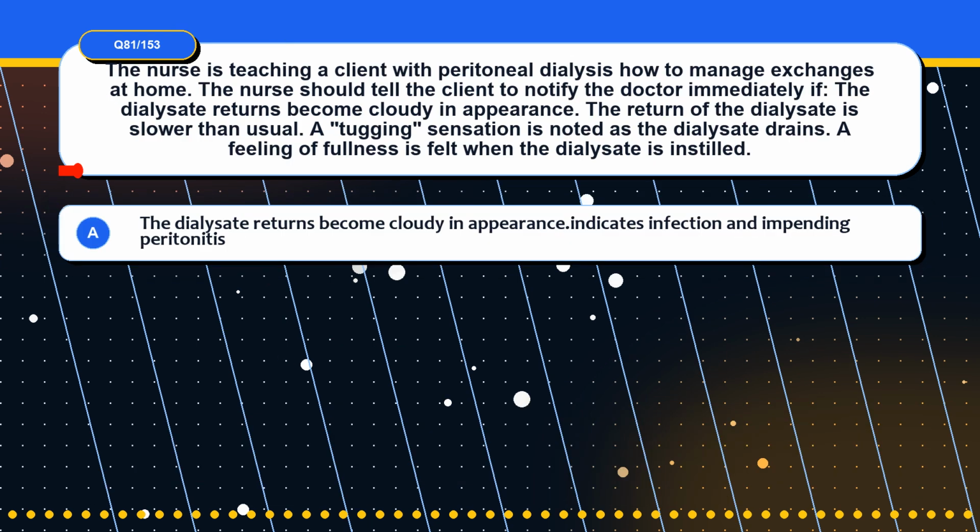Question 81. The nurse is teaching a client with peritoneal dialysis how to manage exchanges at home. The nurse should tell the client to notify the doctor immediately if the dialysate returns become cloudy in appearance, the return of the dialysate is slower than usual, a tugging sensation is noted as the dialysate drains, or a feeling of fullness is felt when the dialysate is instilled.